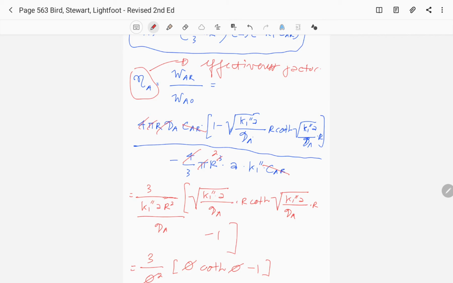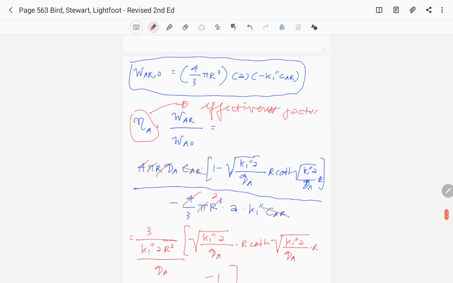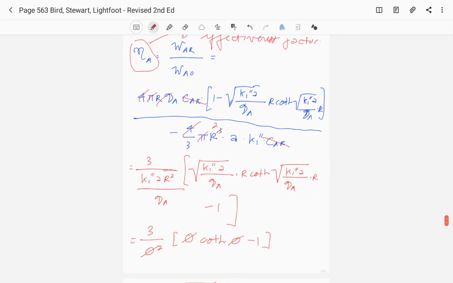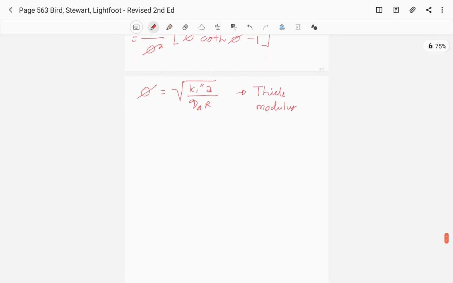It is the quantity by which the ideal scenario has to be multiplied to account for the intraparticle diffusional resistance to the overall conversion process.